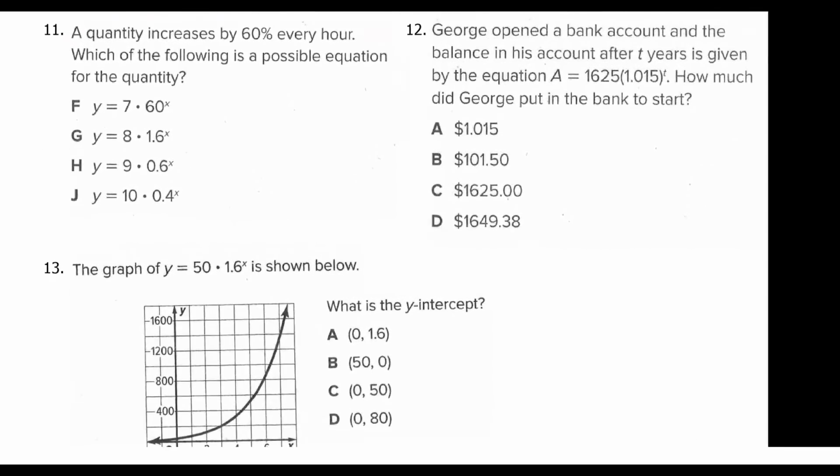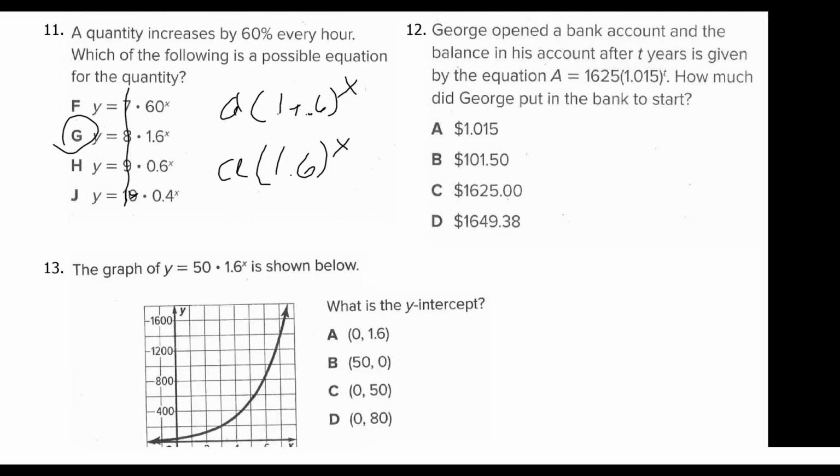Number 11, a quantity increases by 60% every hour. Which of the following is a possible equation for this quantity? Now, A on the outside of 1 plus 0.6 raised to the X. So that's going to be A on the outside of 1.6 raised to the X. The only thing that looks remotely like that is G. Now I realize that I have an A over here, and they have numbers here.